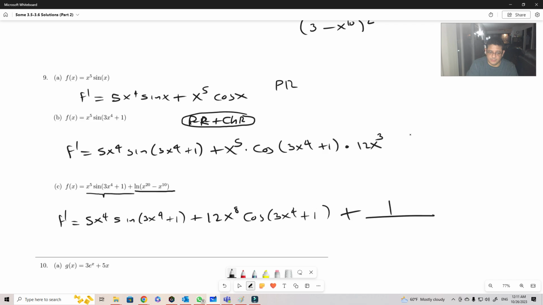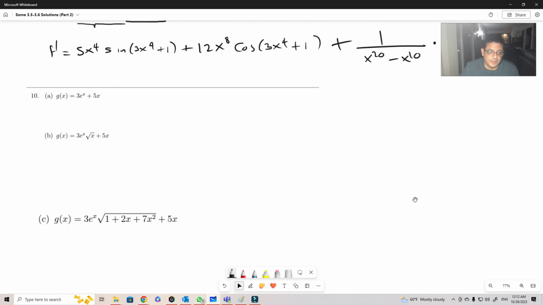This is going to be 1 over x to the 20 minus x to the 10, because the derivative of log is 1 over the function inside. And then now here I got to do the chain rule, which is the derivative of this. So that will be 20x to the 19 minus 10x to the 9. And that's it. This is the derivative of that.